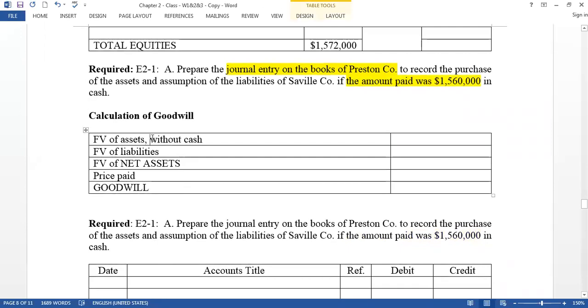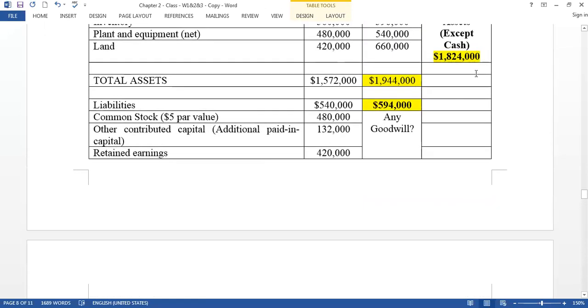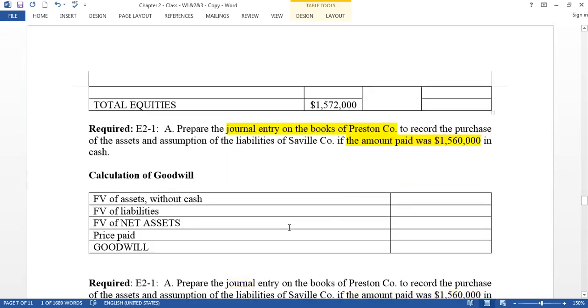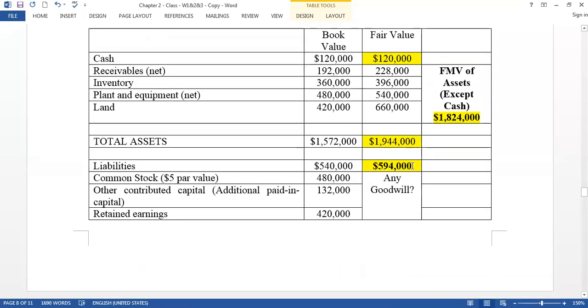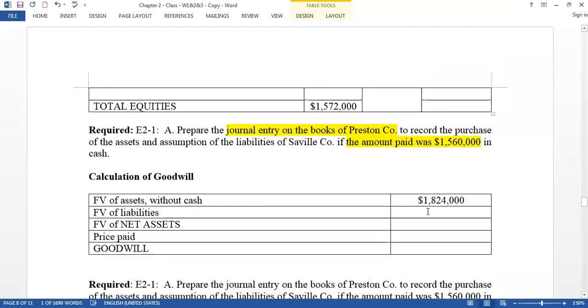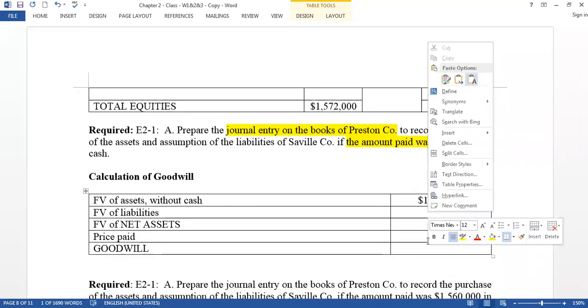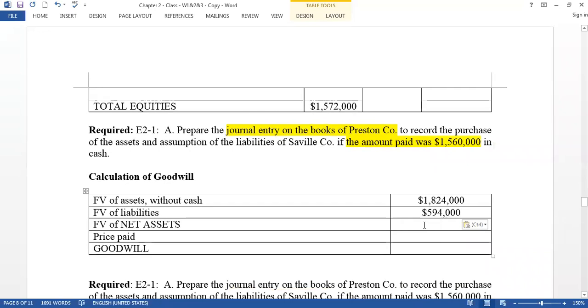We know fair value of asset without cash is this amount. We know what is the fair value of liabilities. And as we know this, we can easily calculate the amount of net assets.